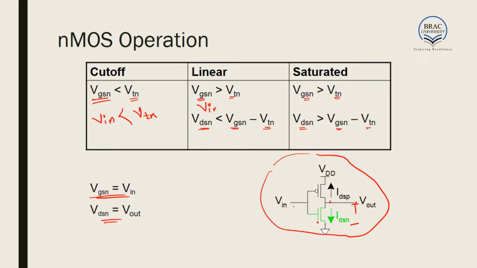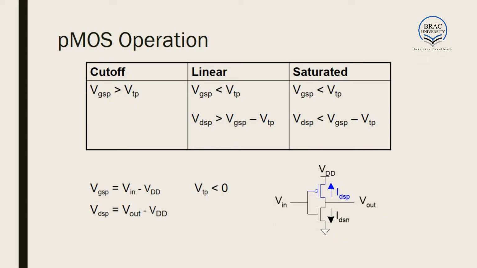For the linear region, V in has to be greater than V threshold, but V out has to be less than V in minus V threshold. And for the saturation region, again V in must be greater than V threshold and V output must be greater than V input minus V threshold. These three conditions we'll have to remember when we try to solve the actual equations.